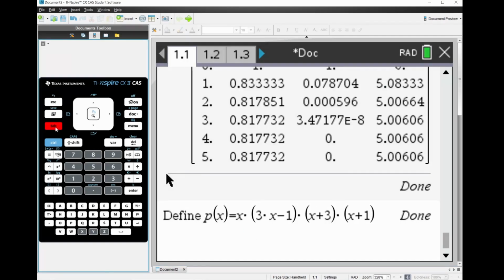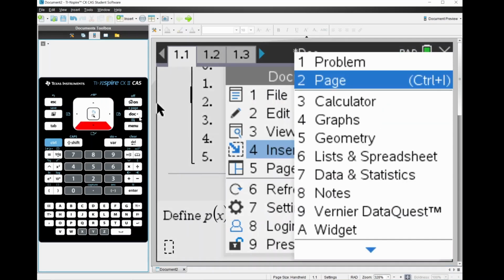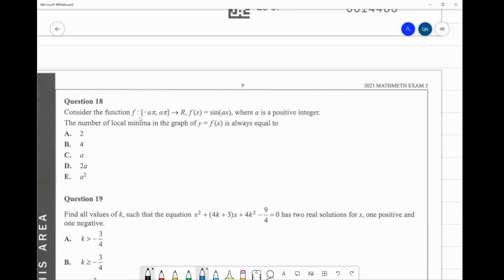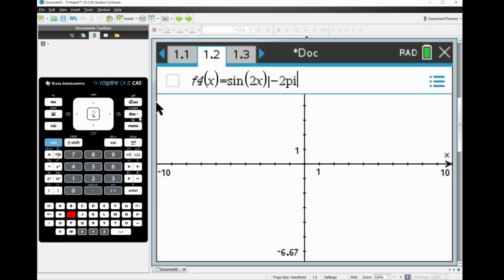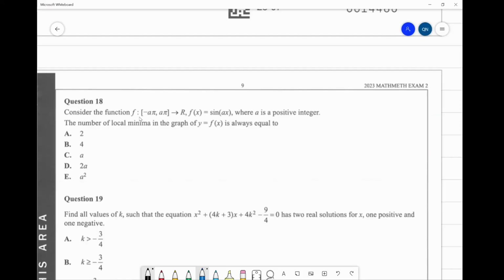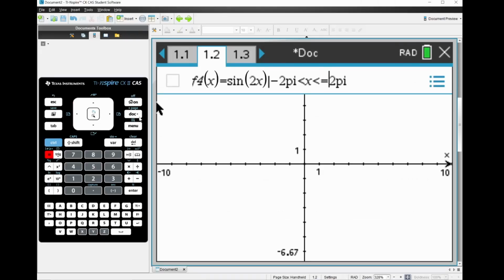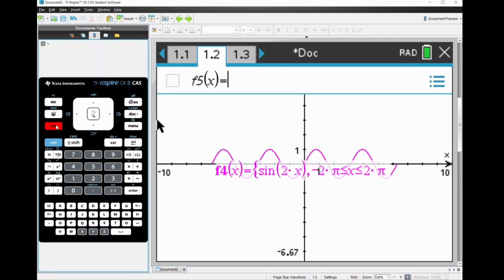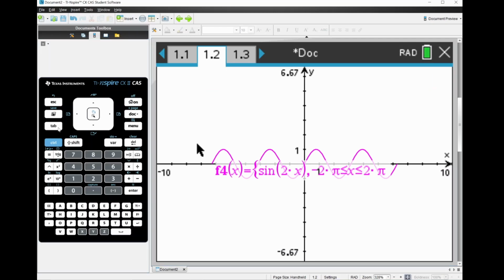So maybe we'll go to the graphs page, and then we have insert, a graphs page, and I'll graph out sine of 2x, and we want to be on the interval minus 2 pi less than x less than 2 pi, or inclusive technically, but let's just do inclusive. So local minimum, we have 1, 2, 3, 4. Okay, we could probably make a line out of this actually.